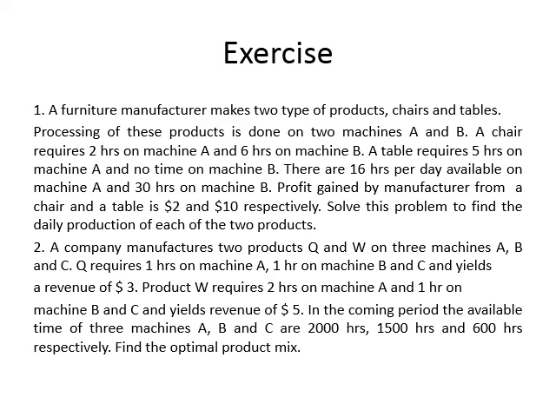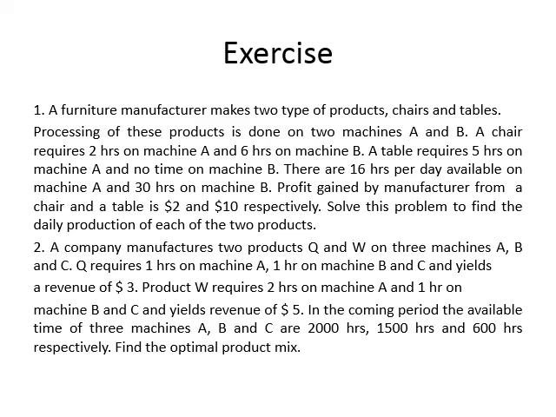Exercise 1. A furniture manufacturer makes two types of products, chairs and tables.